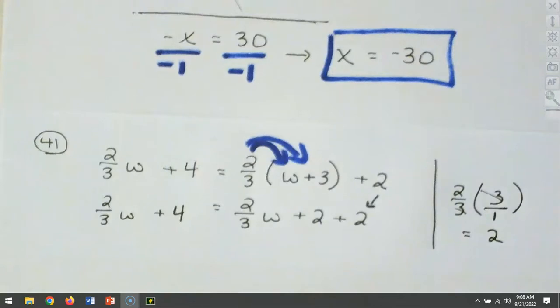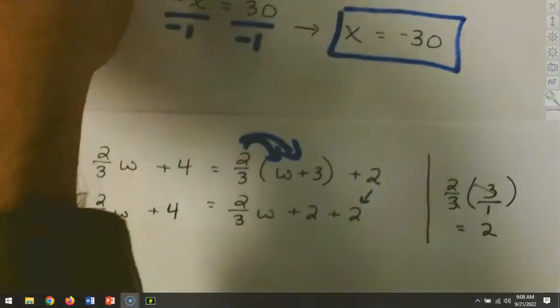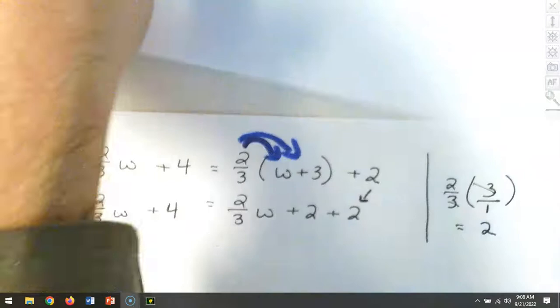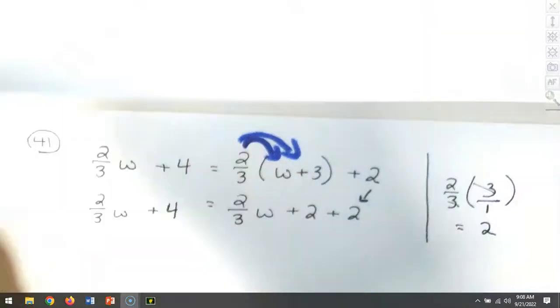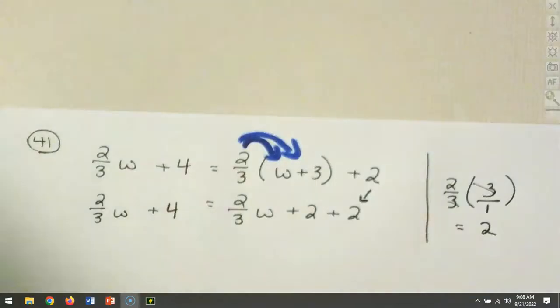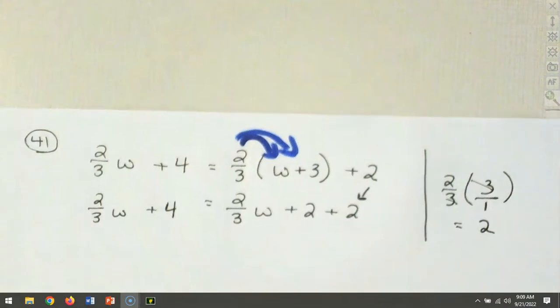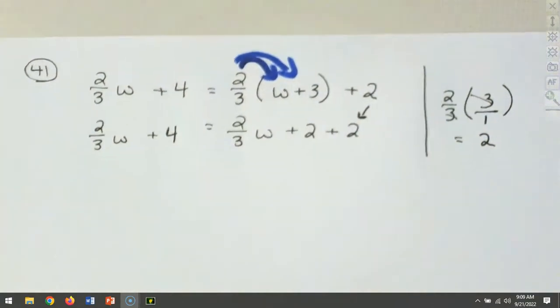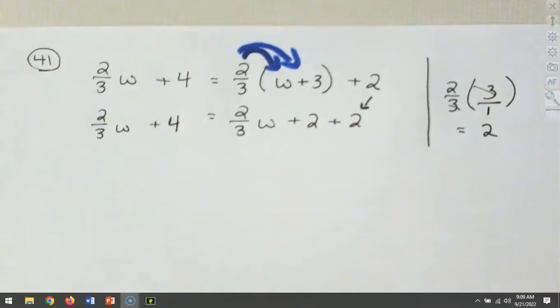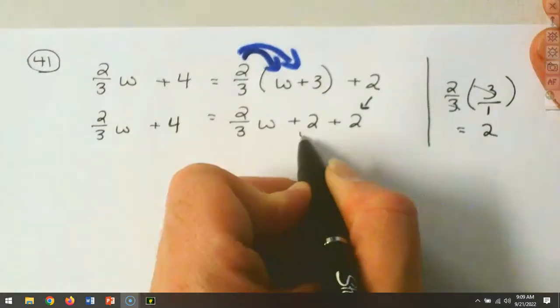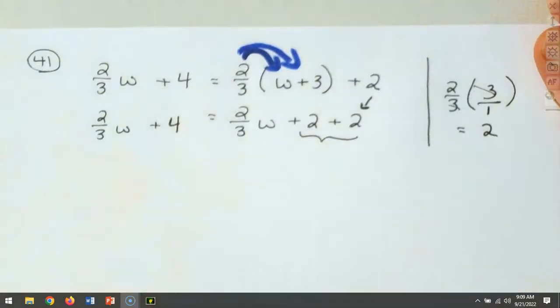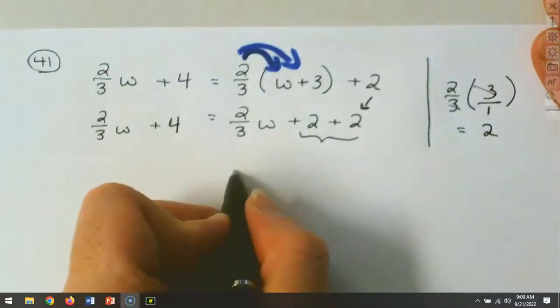Now this introduces another concept here. Normally we get a solution. This one's not going to give us a solution because let's talk about what's going to happen when I combine like terms together. When those go together here, what does that give you?